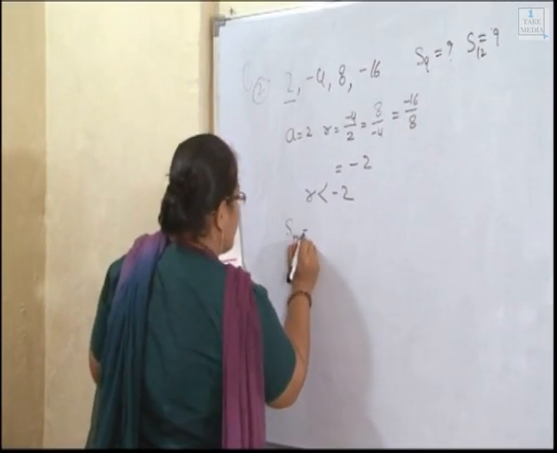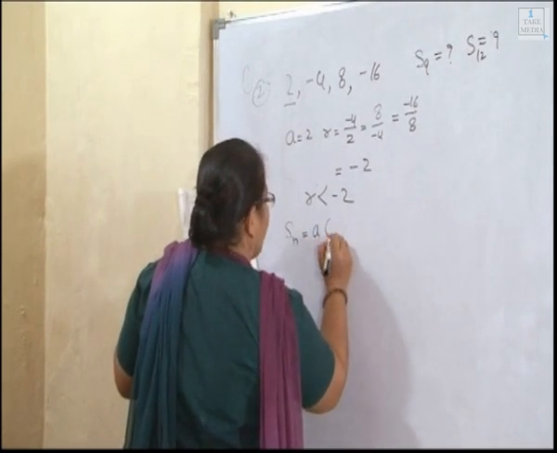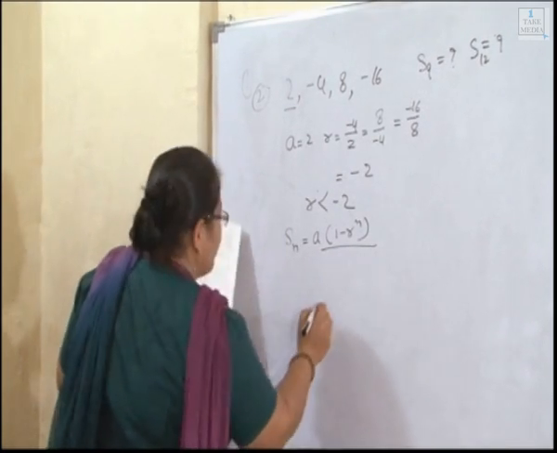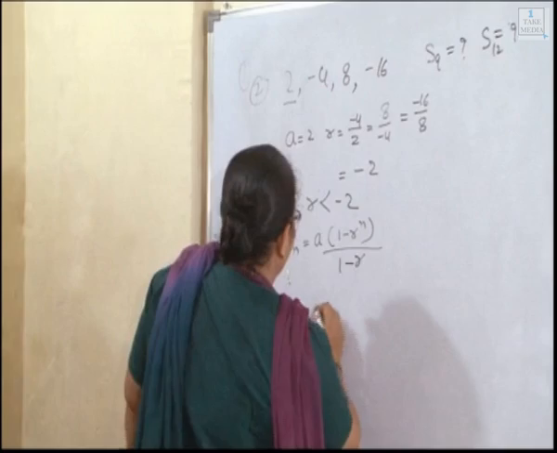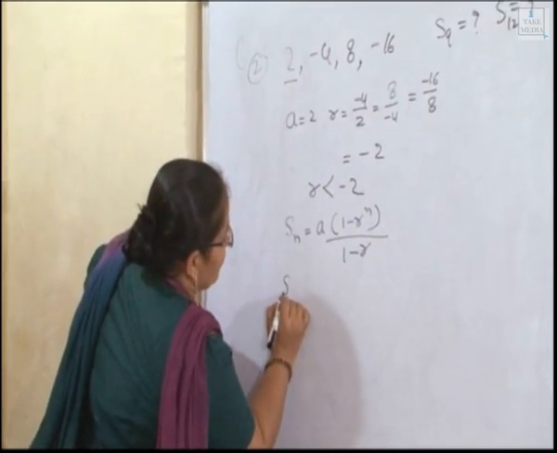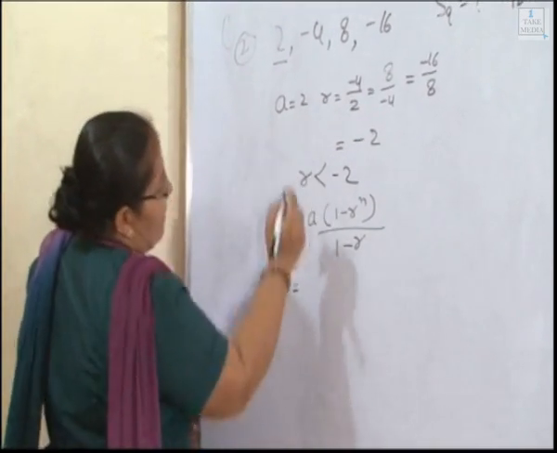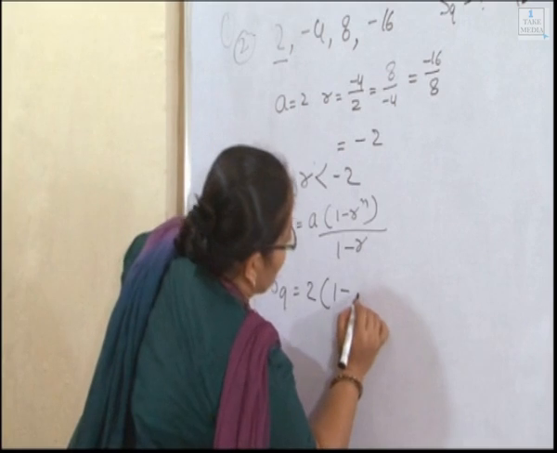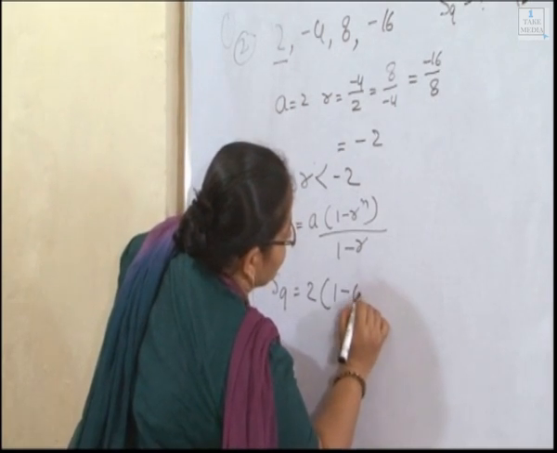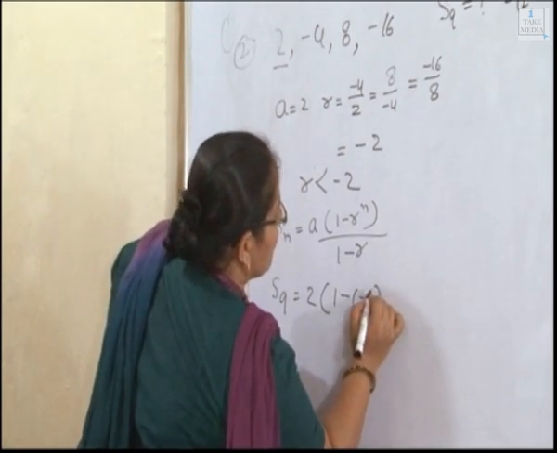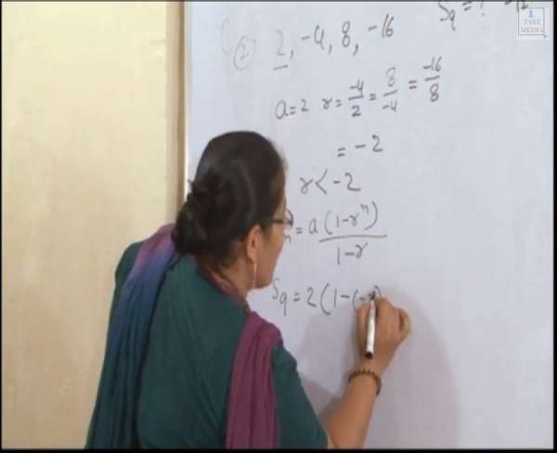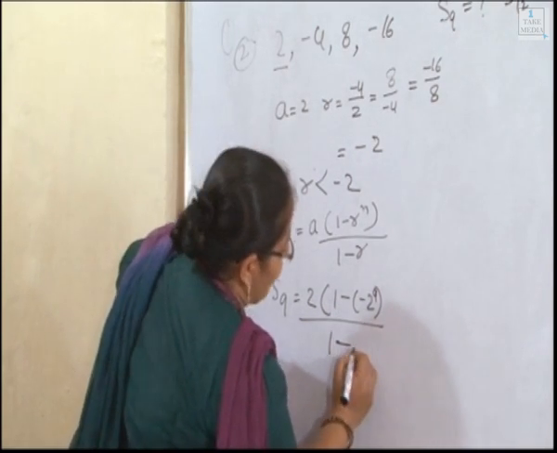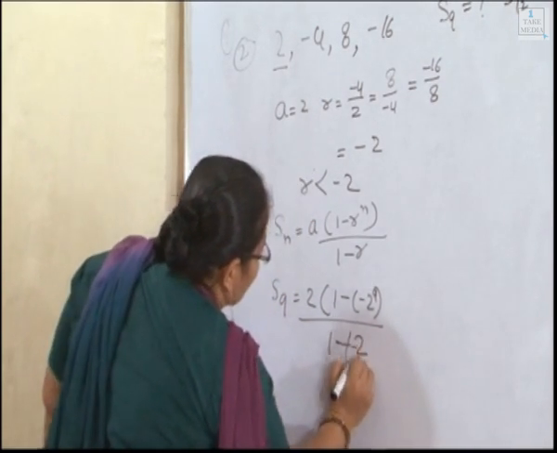The formula is a times 1 minus r to the n upon 1 minus r. So S9 equals 2, the A value, times 1 minus r to the n, where the r value is minus 2 and n is 9, upon 1 minus the r value, minus 2.